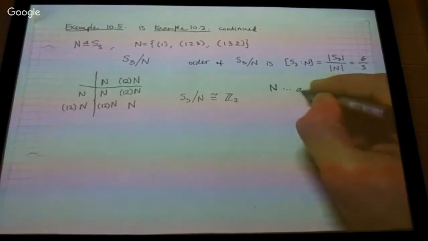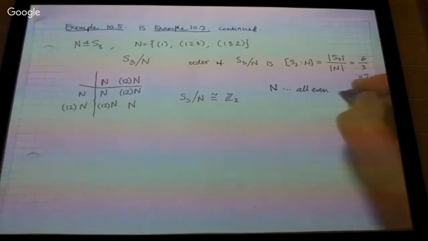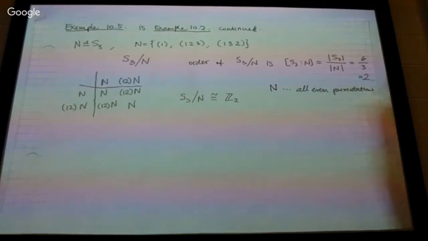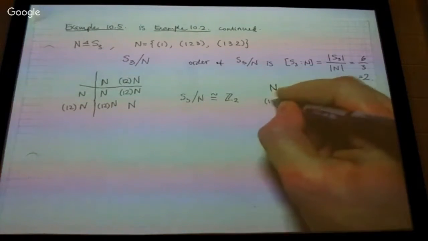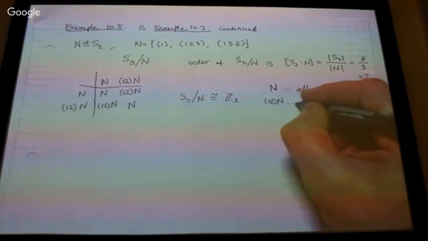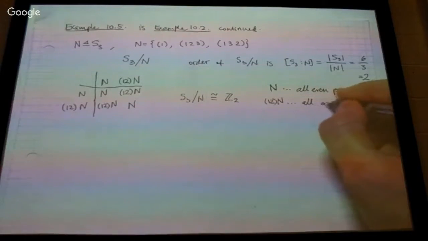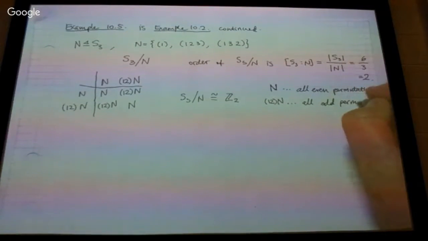contains all even permutations. And coset (1 2)N contains all odd permutations.